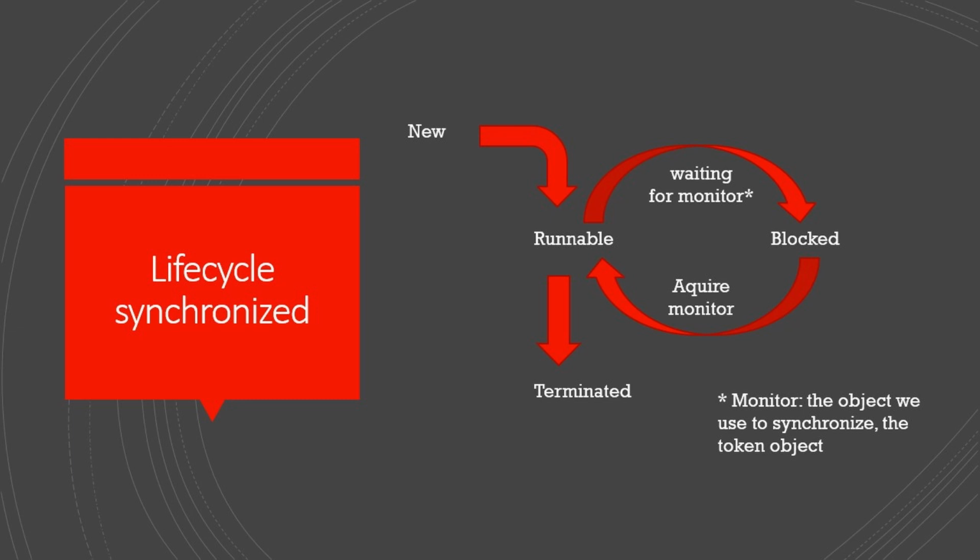Now, when the monitoring object is freed up, so the original thread that had acquired the monitoring object from the scheduler is finished with its synchronized code block, it'll free up the monitoring object or return it to the scheduler. Then the scheduler will be looking at all the threads that are blocked and waiting for that monitoring object, and then randomly assign it to one of the threads that require it.